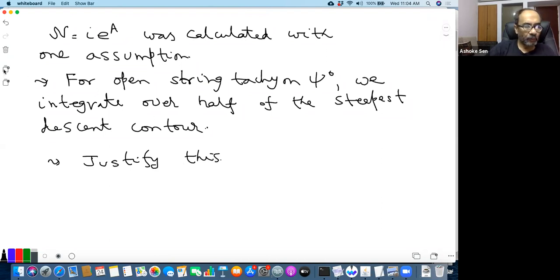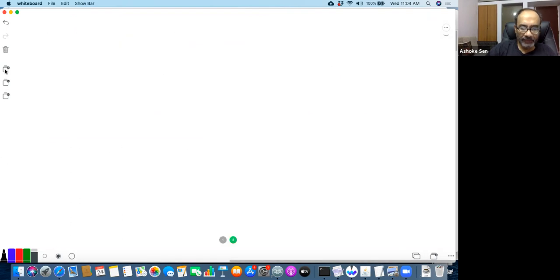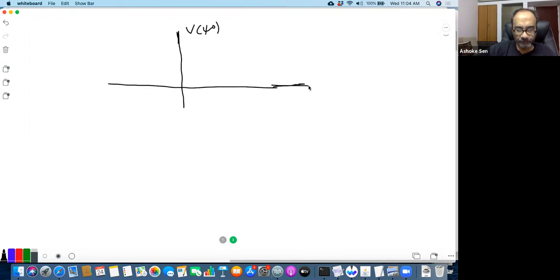To do that, you have to know something about the tachyon potential, so let me just tell you how it looks. If you plot the tachyon potential, say V of psi naught versus psi naught, you can think of this as an effective tachyon potential after you have integrated out the heavy modes.